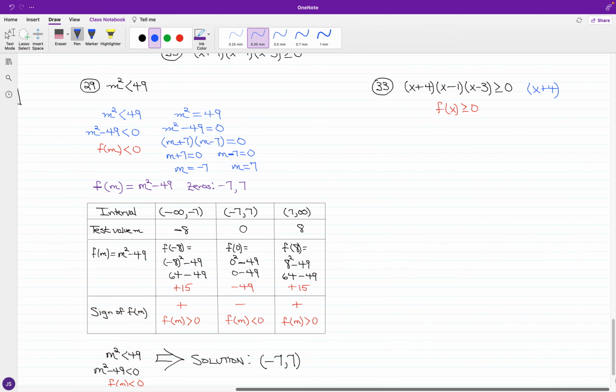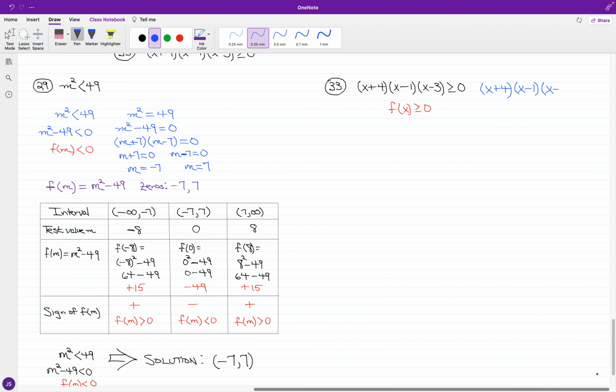Just looking at what we have now, for this trio of binomials, where the product is going to be greater than or equal to 0 in the inequality, if we set this up where the product is equal to 0, that's going to be possible if any one of these three factors is 0.